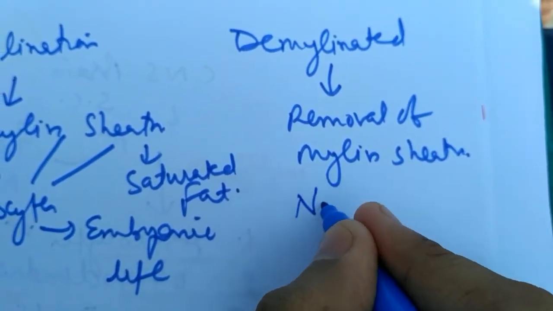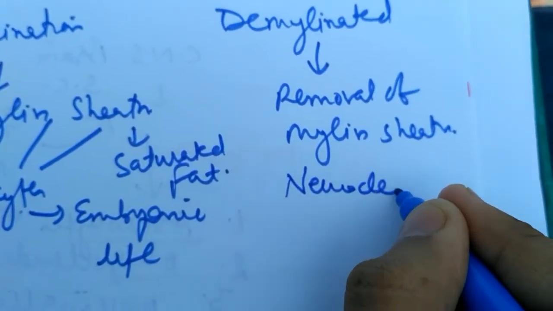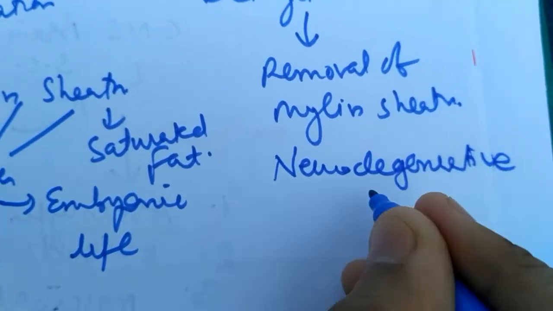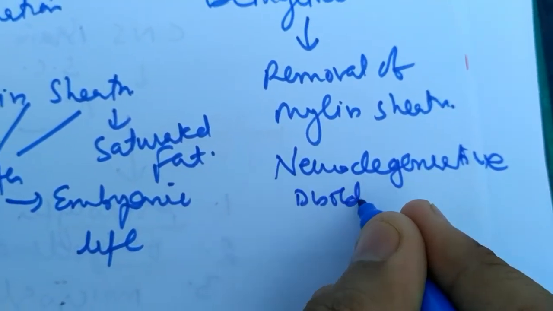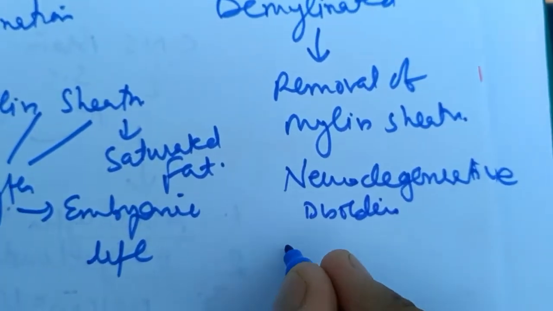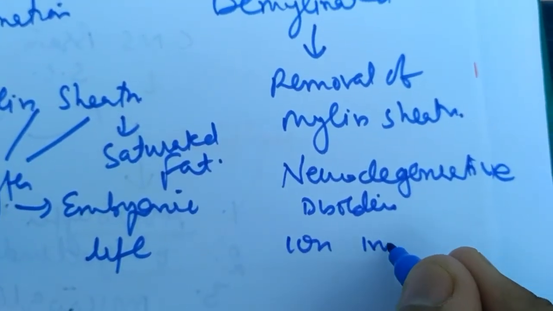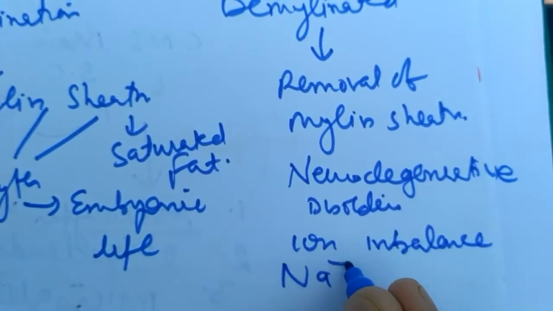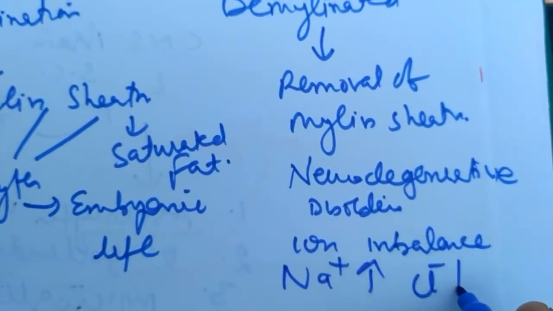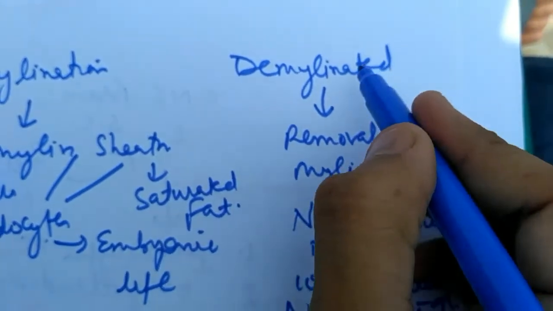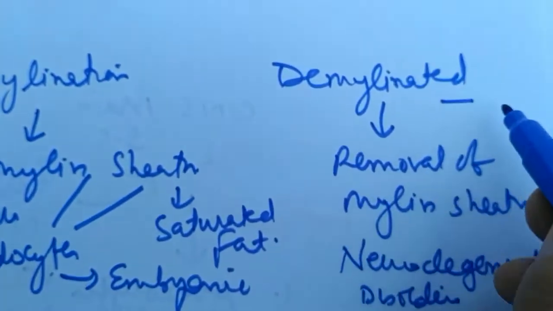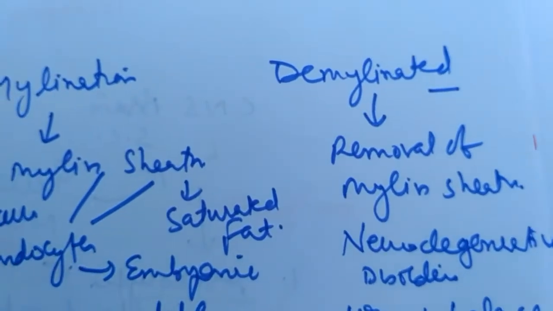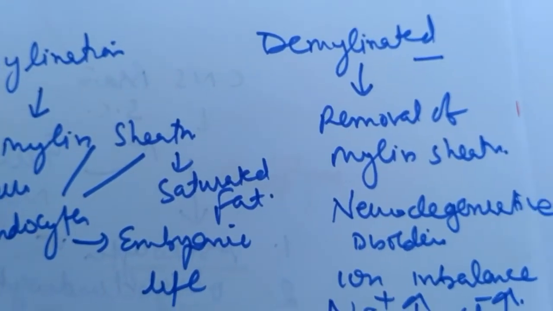These are neurodegenerative disorders, and by iron imbalance, such as high intake of sodium and chloride. The demyelinated neurons are a damaged type of neuron. They have poor potency to generate the nerve impulse.